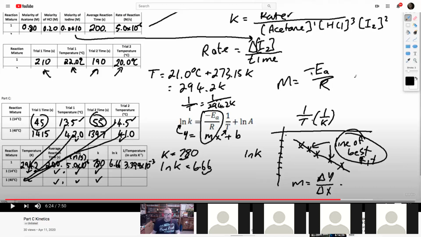All right, does anybody have any questions? There aren't any mistakes in the actual work here. It's just when I put the data in, I put them in the wrong way. Anybody got any questions about part C?